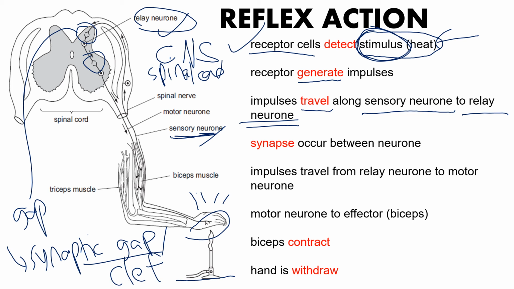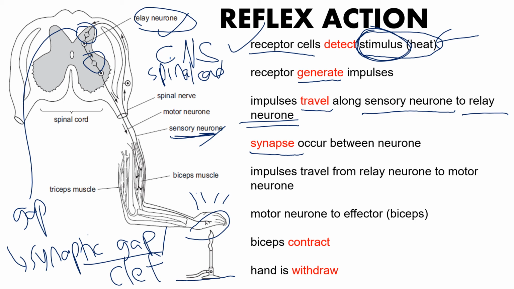In order to make that happen, synapse will occur. Synapse is a process where the impulse is generated by the relay neuron. Later on we are going to cover the synapse, but don't worry.